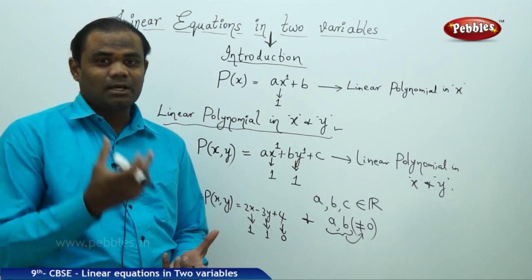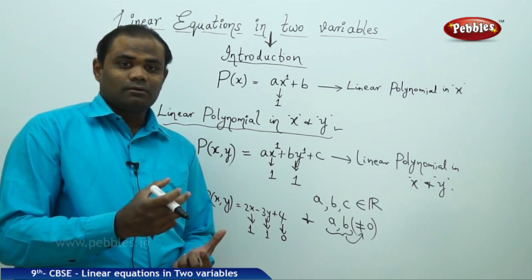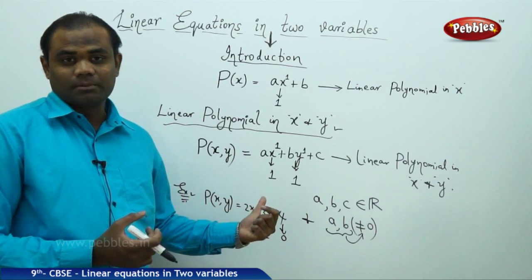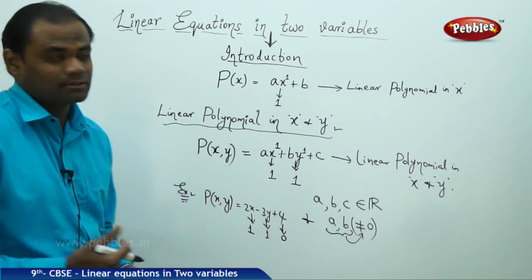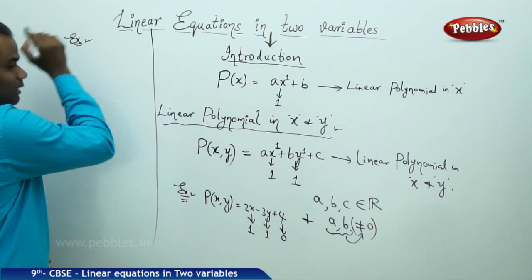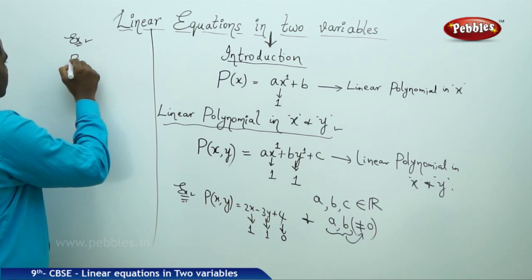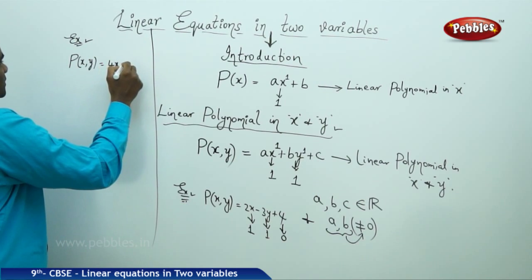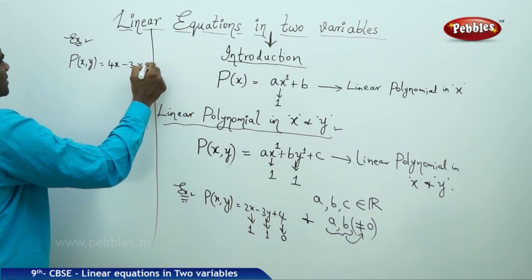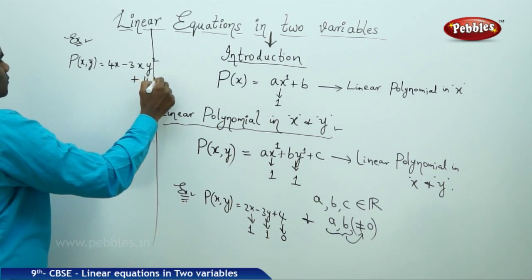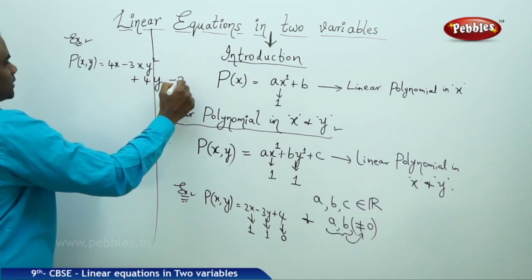Now let's take an example problem where we do not have a linear polynomial. The contradictory to this example is what we are going to discuss next. For example, I have p of x, y is 4x minus 3xy plus 4y minus 3.